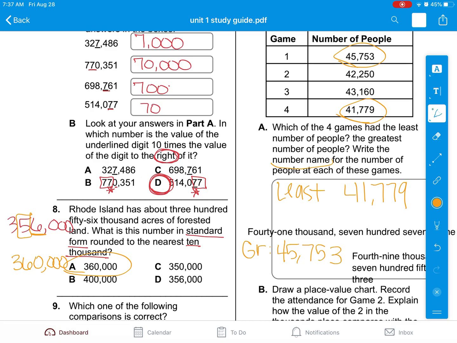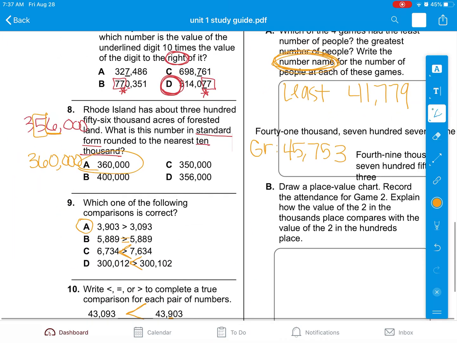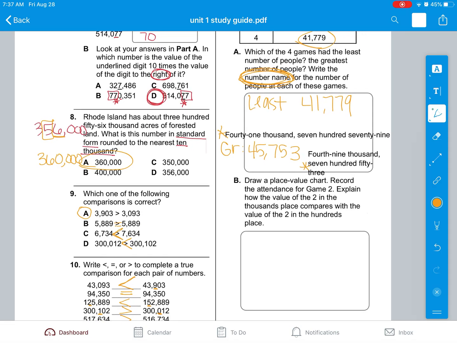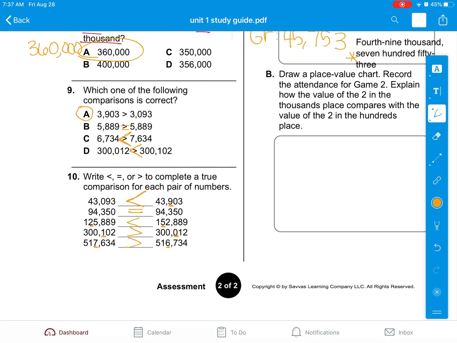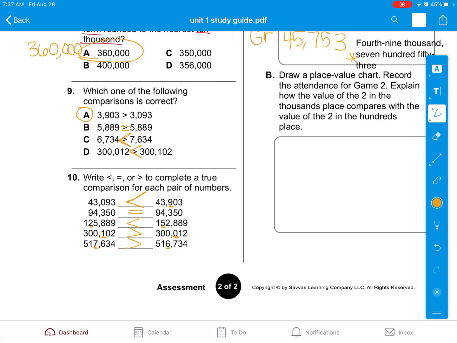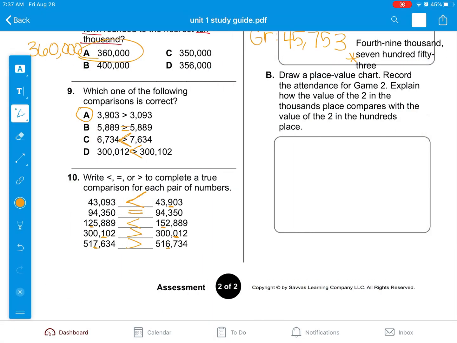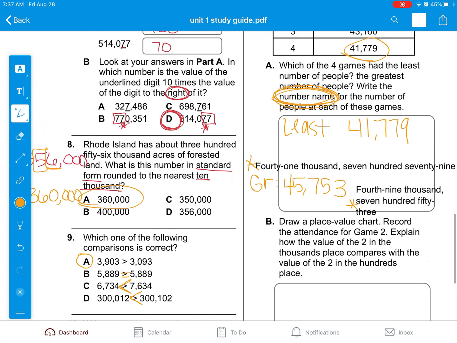But it said write it the number name, so that meant write it in word form. And I've already typed that out here and here just to save time in the video. So you should have written it as words as well. Then finally, it said to draw a place value chart. Now I told you could skip that part, but if you wanted to do it, it was asking about game 2.